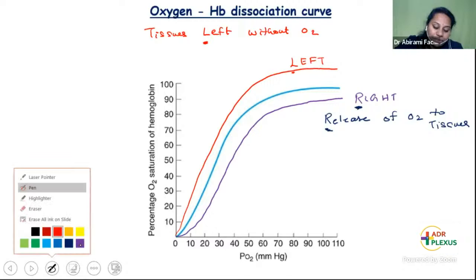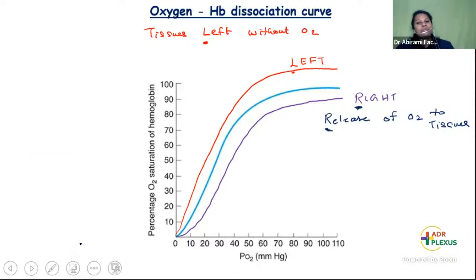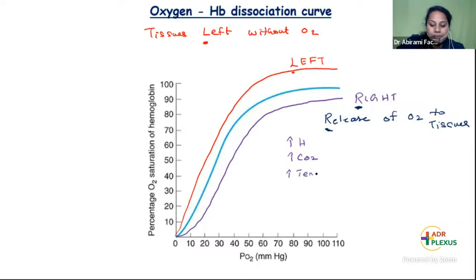A few other factors cause right shift or left shift. See, when we say right shift, right means something right or something positive. So let's put all positive factors in the right shift. What are the positive factors? Increase in H plus, increase in CO2, increase in temperature, increase in 2,3-BPG. What is 2,3-BPG?